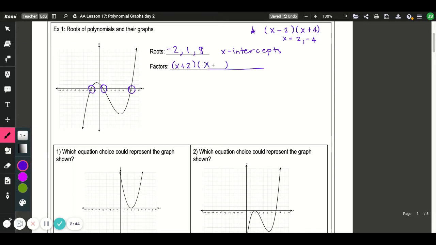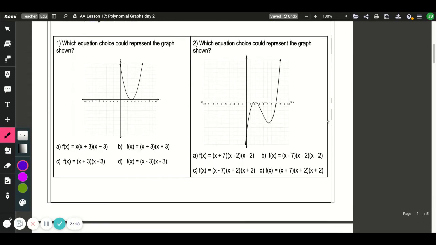So it would have to be x minus 1. If I put a 1 in for the x, 1 minus 1 would give me 0. And then for the 8, it would be x minus 8. So this right here is a factored form of an equation that would give you this. If you put this into the graphing feature on Desmos, you would get this. Although we're kind of ignoring the fact that there could be a number in front. We're skipping over that for this week.